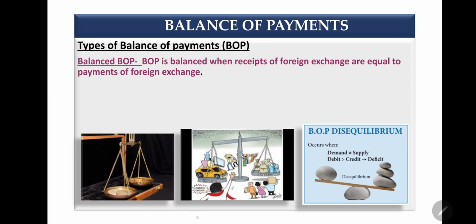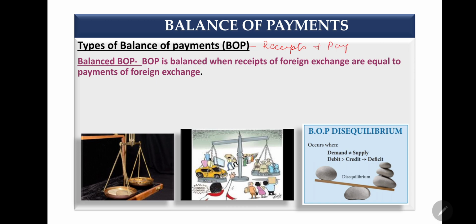Balance of payments can be of three categories. The first category is balanced balance of payments. Before we understand the definition, we must keep in mind what are the things which we are balancing in the balance of payments, or what are the terms which we are using in the BOP. So remember, we are using the terms receipts and payments.